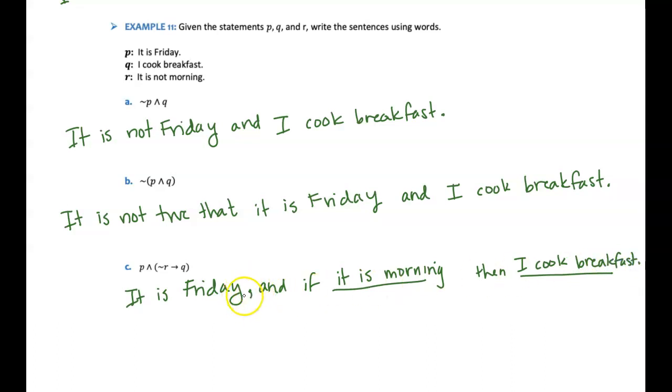Again, that comma is helping you know that it is Friday is on its own, and then after the comma, everything else is in our parentheses. So here's our statement P, and that comma is helping us say that if it is morning then I cook breakfast goes together after the comma.